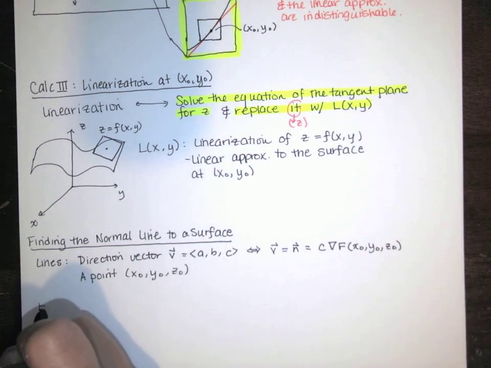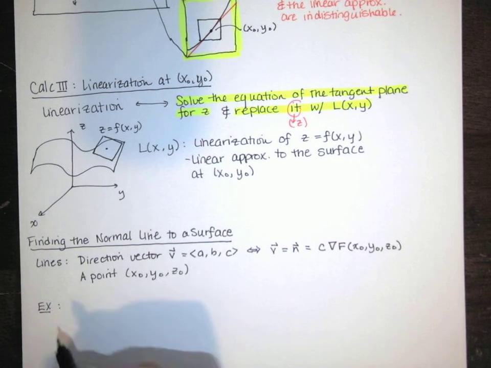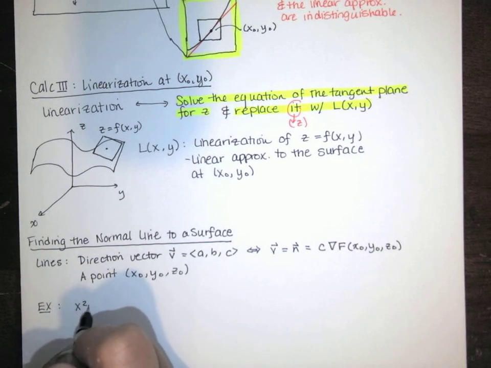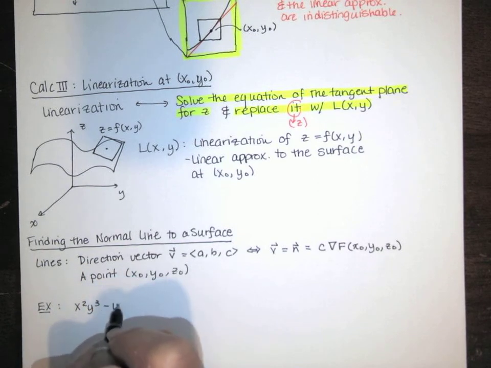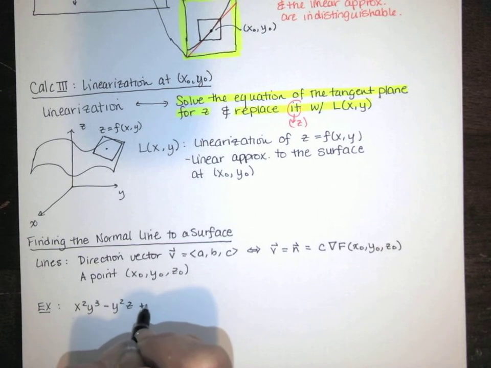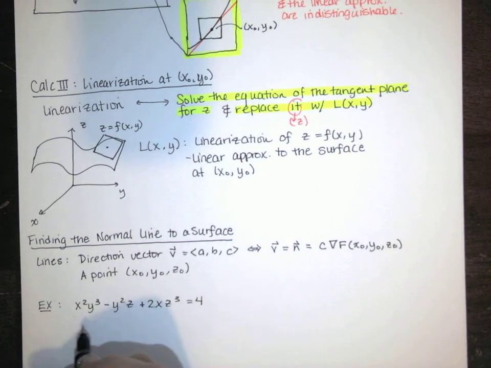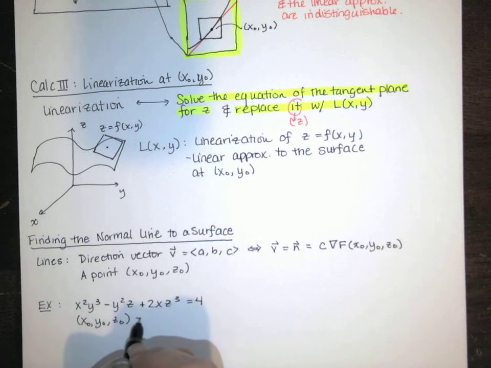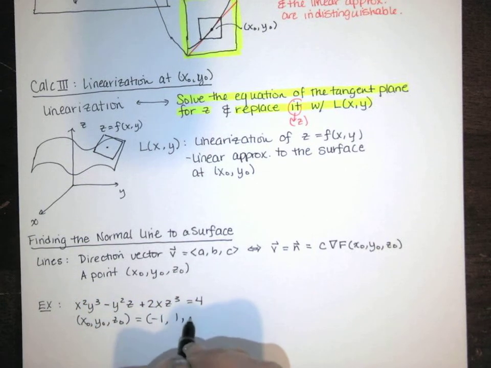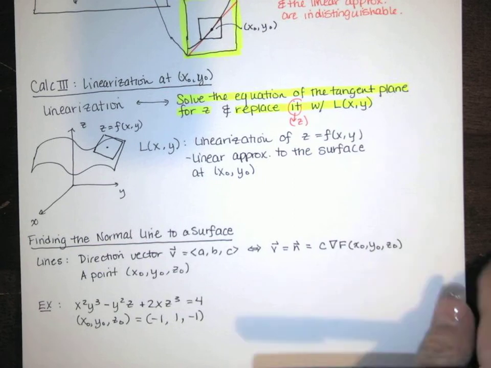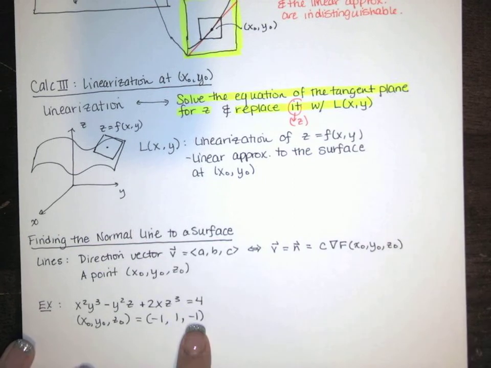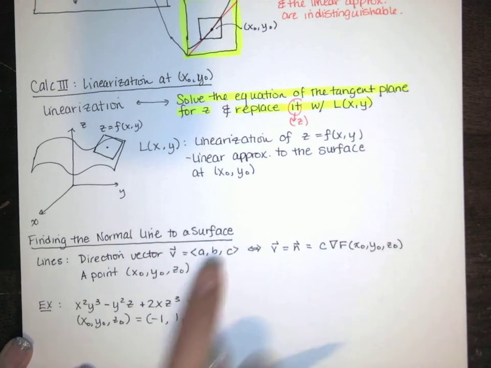So in our earlier example, we had x squared y cubed minus y squared z plus 2xz cubed equals 4, and we found the tangent plane at x naught, y naught, z naught equals -1, 1, -1. Well, that's our x naught, y naught, z naught that we need for the equation of a line.